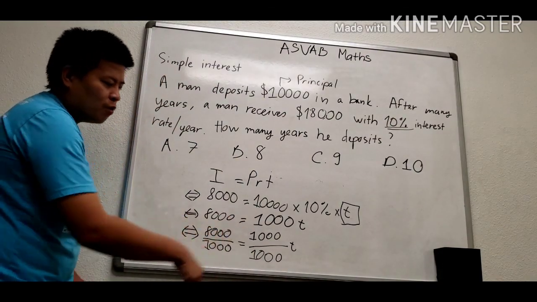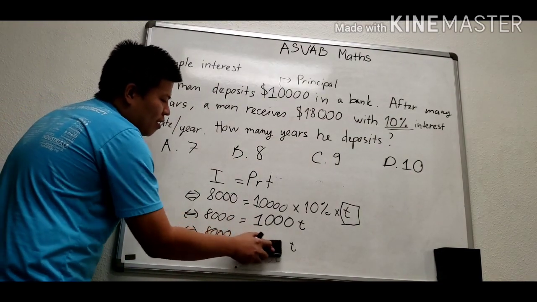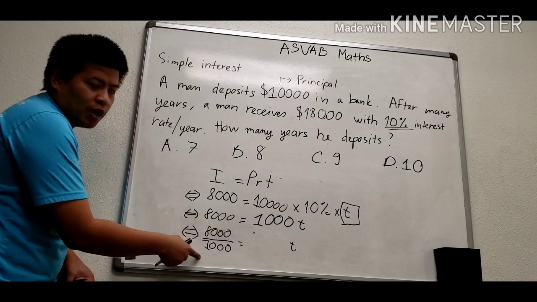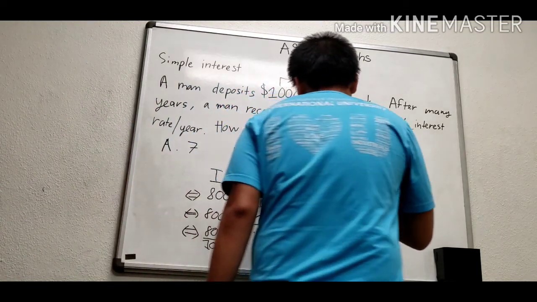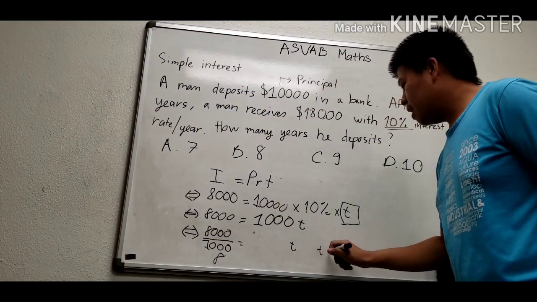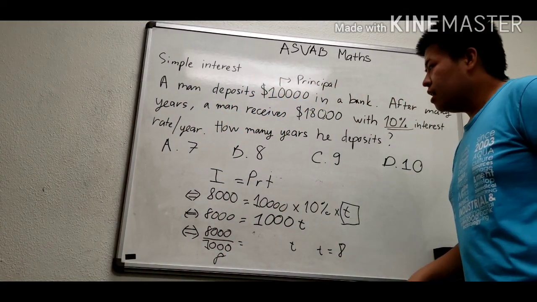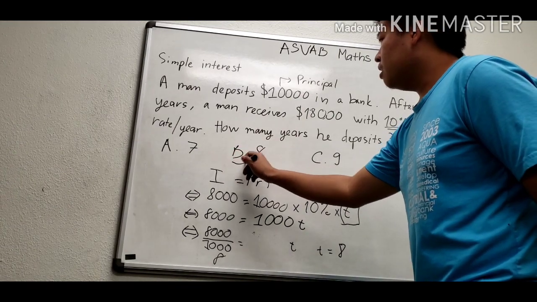Because we divide both sides by 1,000, this one doesn't have a number anymore. This one will become 8. So T in here is 8. And we get the answer in here is B.